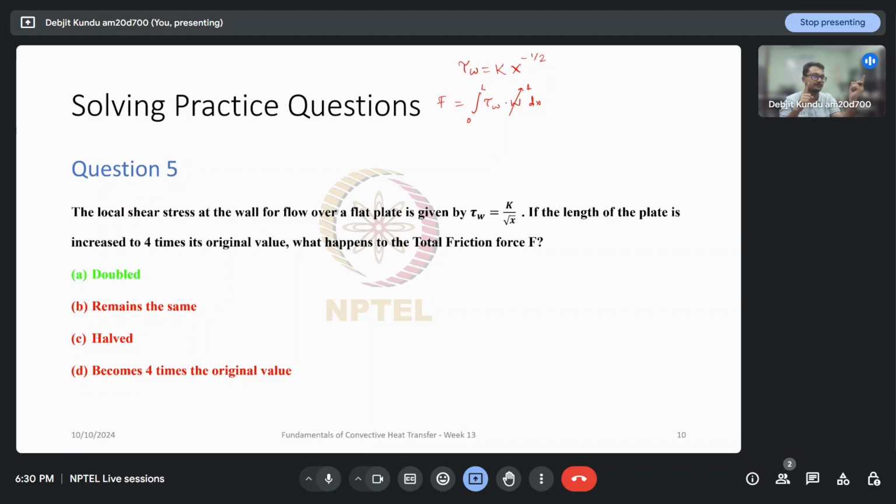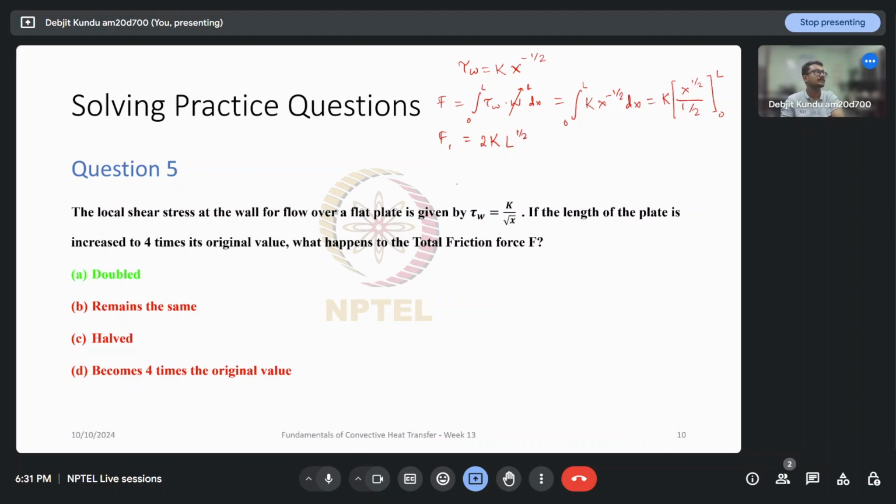Then you find it for this whole plate by integrating from 0 to L. So let's replace tau w by the known form, and this should give us x power half by half, from 0 to L. So F1 will be equal to 2k times L power half.